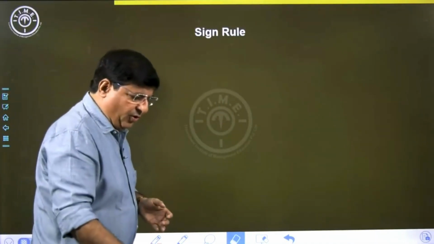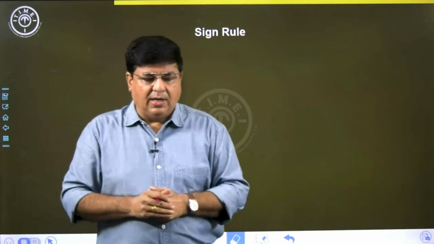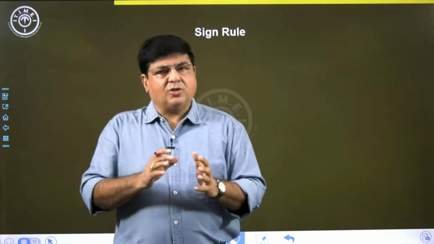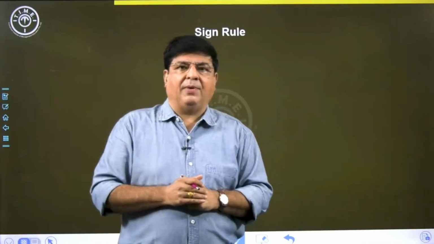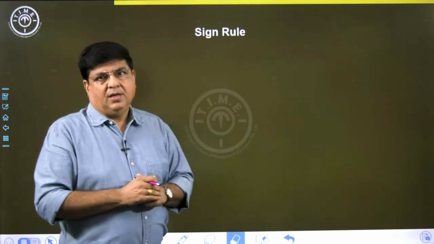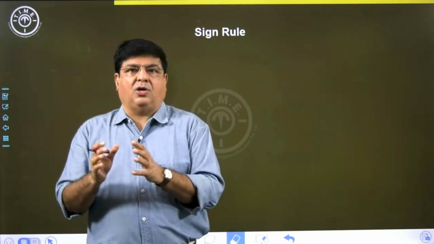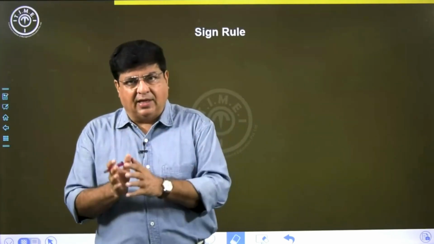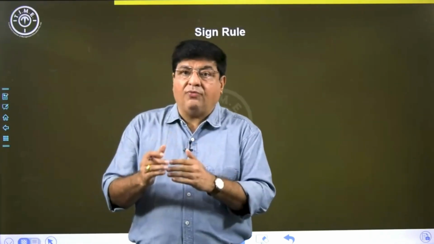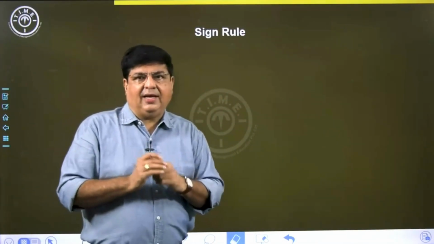Now before we start discussing the questions, let us understand something called the sign rule. We will solve the questions on quadratic comparisons without finding the factors. If you find the factors and try to compare the factors of one quadratic equation with another, that will take a lot of time for you to solve the equation and arrive at the answer.